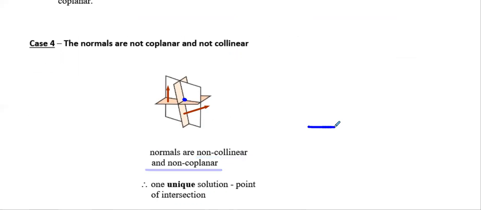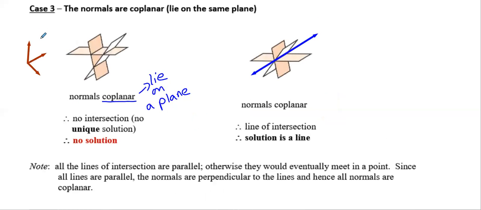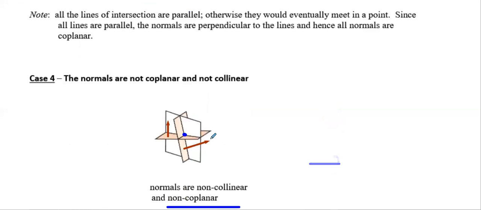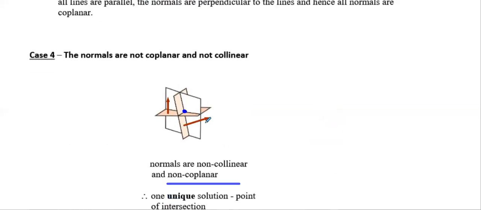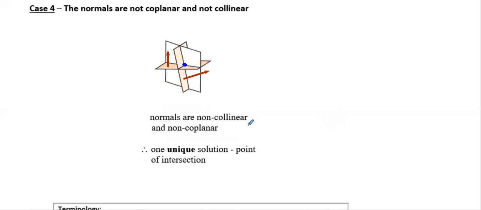So you'll have two of the normal vectors that are sitting on a plane, and then the third one's coming up at a 90 degree pretty much to both of them. You can think of it that way. And that is not coplanar. Okay, so coplanar, all three of these would be on the same plane. Non-coplanar, the three different normal vectors would not be on the same plane. And what happens there is you get a unique point of intersection.